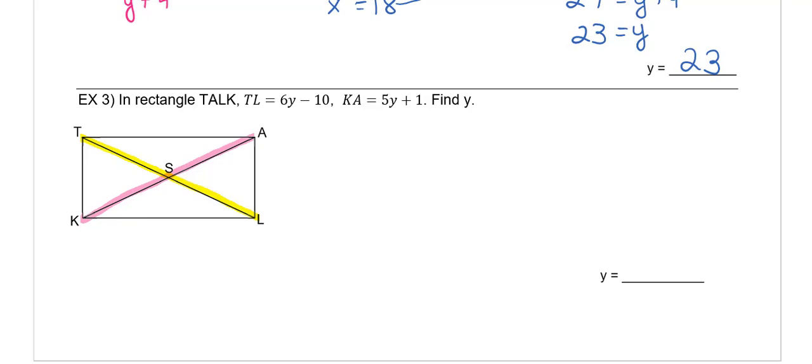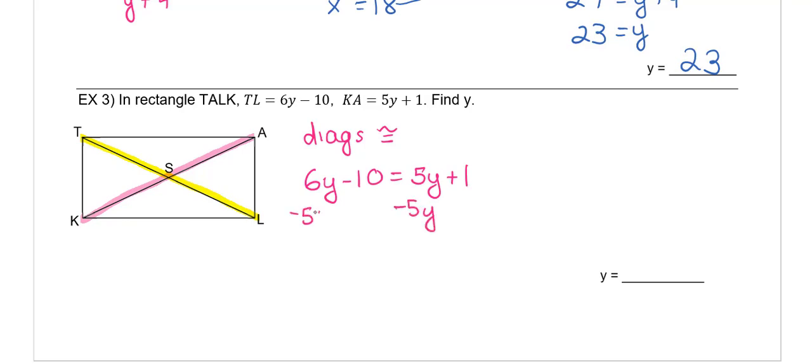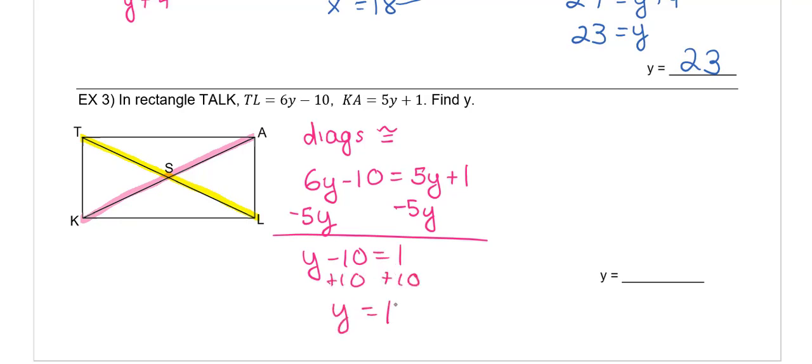Well, since we're given that both of those are diagonals in a rectangle, we know the property that we just talked about above is that in a rectangle, diagonals are congruent. So I know that 6y minus 10 is going to equal 5y plus 1. So we can get our y's on the same side and add 10 to both sides. So we get y to equal 11.